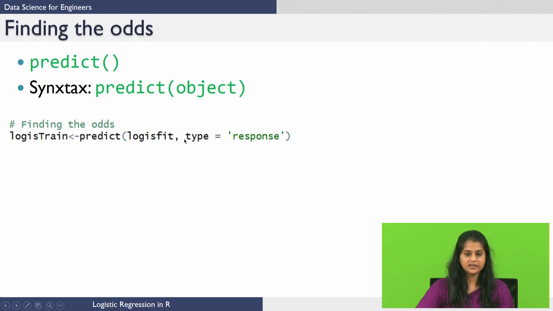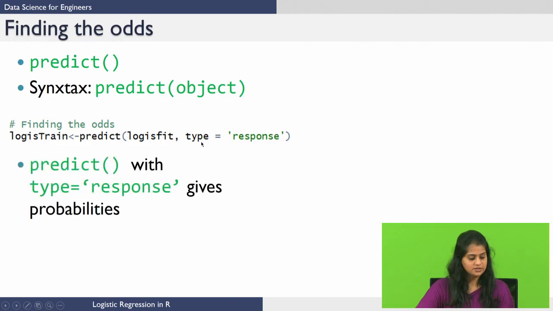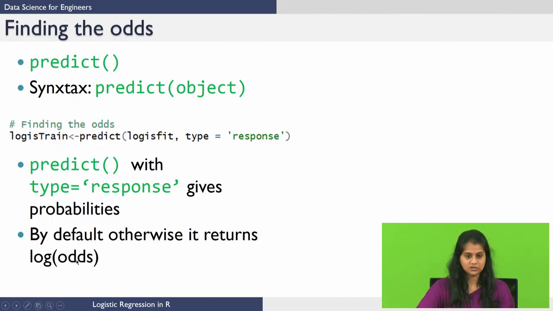Now, if I do not give any data, then the function assumes that I want to predict on the train set, which is crash_test_1 in our case. Now, type equal to response gives you the output as probabilities, but if you do not mention this, it by default gives you the log odds.